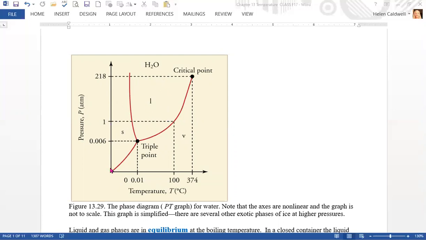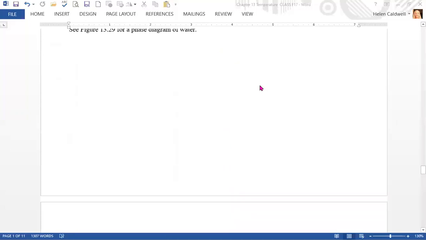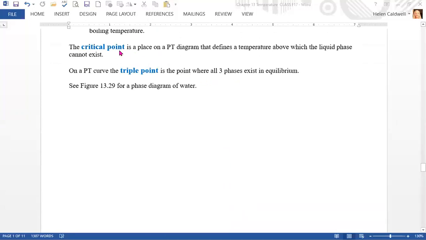And everything on the right side of the curve, which goes to the hottest areas, is in the vapor or gas stage. Where all three lines come together is the triple point, and the highest point on the far right-hand side is the critical point. Remember, back here, the critical point's a place that defines the temperature above which you cannot have a liquid.